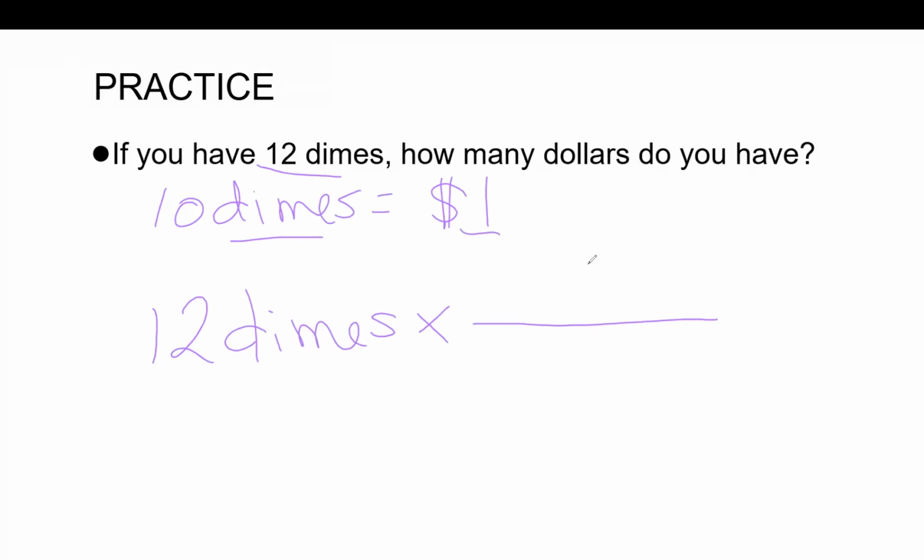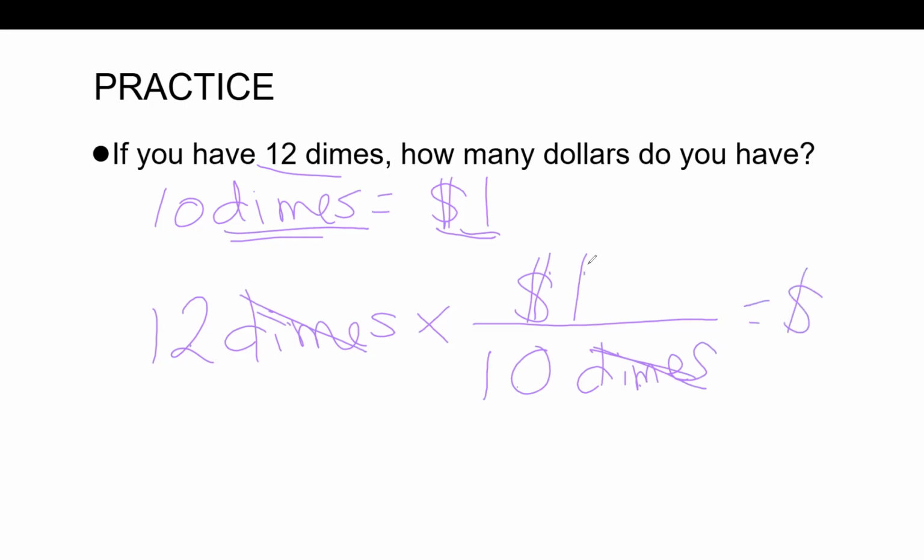What do I want? I want dollars. I always put what I want on the top, what I want to get rid of on the bottom. And I know for every $1, I have 10 dimes. Dimes would cancel itself out. So this is 12 times 1 divided by 10 equals $1.20.